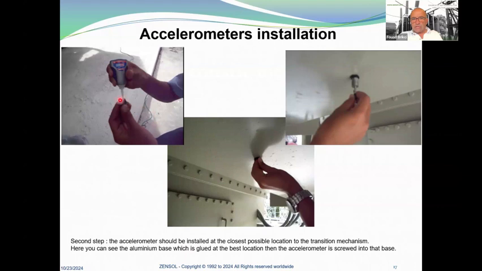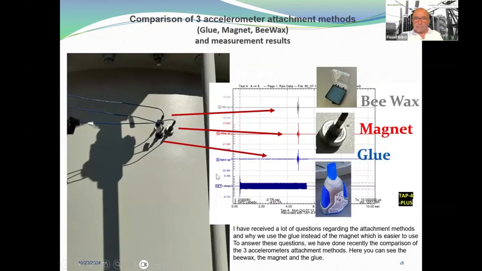We put the glue at the best location. Sometimes it's at the bottom, sometimes at the top. It depends, so it's good to have a good knowledge of your tap changer and your transformer. Then the accelerometer is screwed into that base.